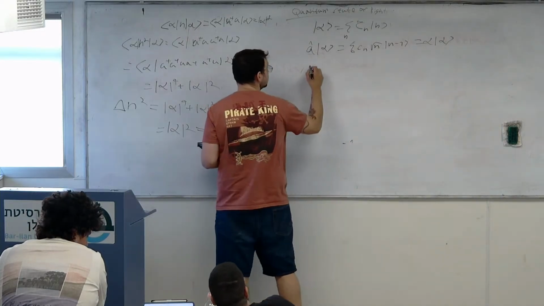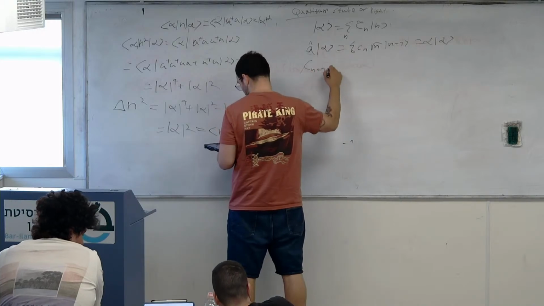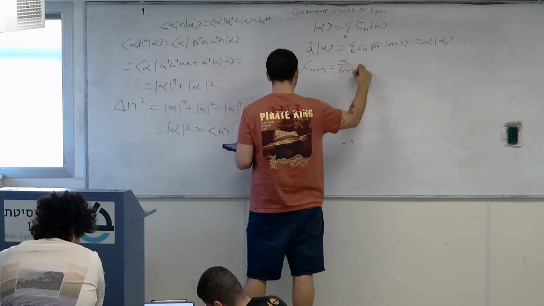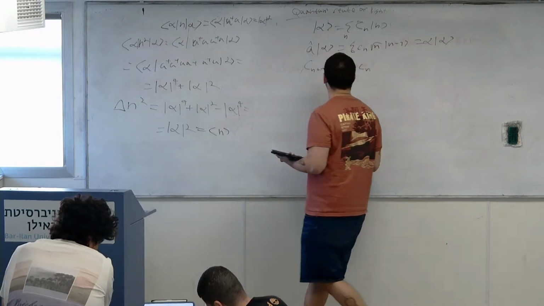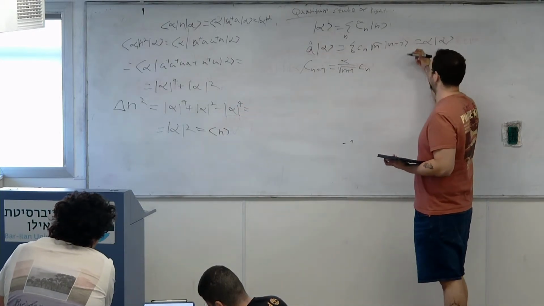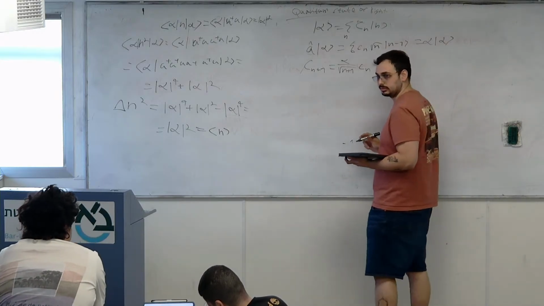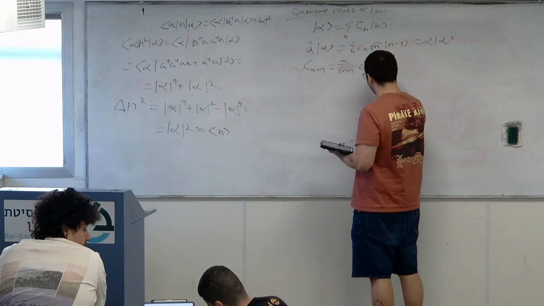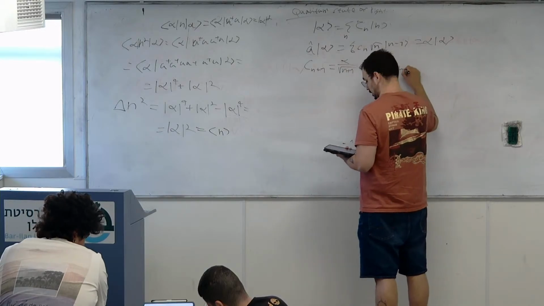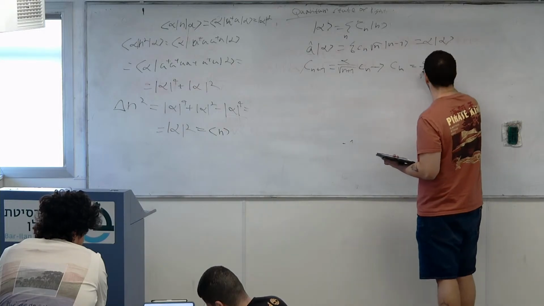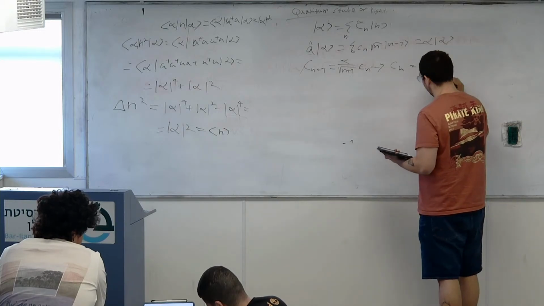So Cn plus 1 will be equal to alpha over square root of n plus 1 times Cn. This connection comes from here by just moving the n plus 1. So we know that Cn must be equal to alpha to the power of n divided by square root of n factorial times C0.